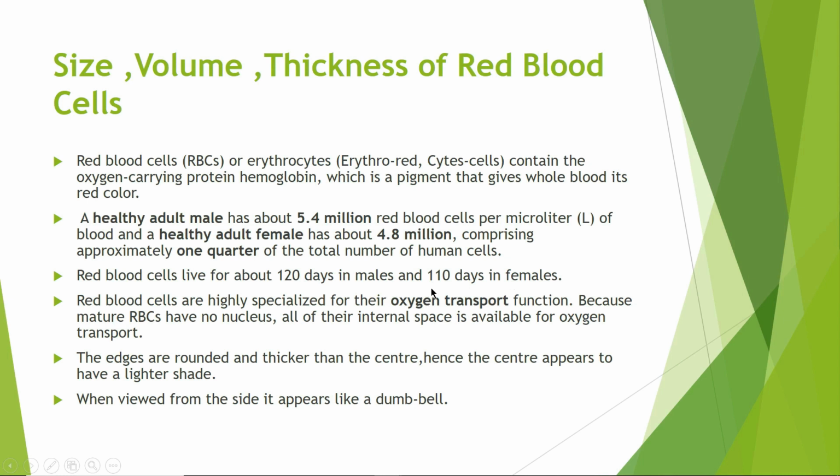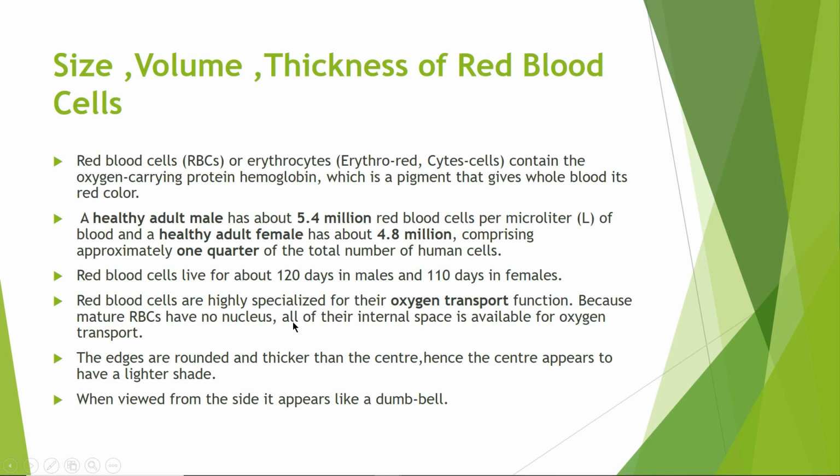RBCs are highly specialized for their oxygen transport function, the very important function which no other cells perform. This is because RBCs have hemoglobin inside them, right? And for giving hemoglobin a good amount of space, RBCs empty their cytoplasm by having no nucleus, no cellular organelles.